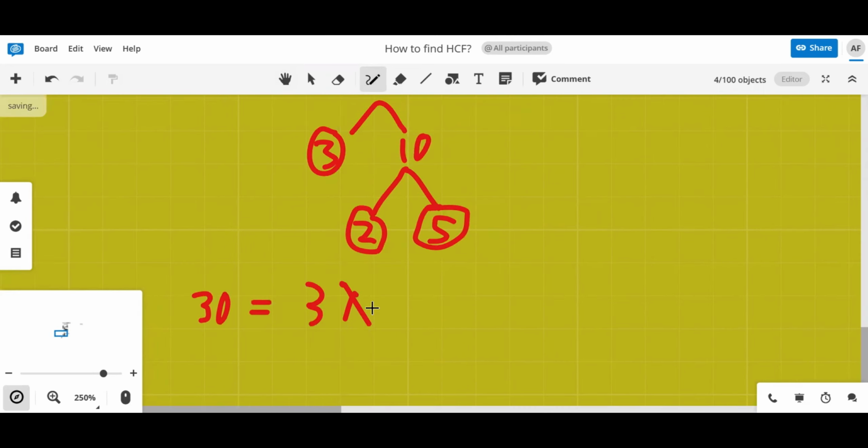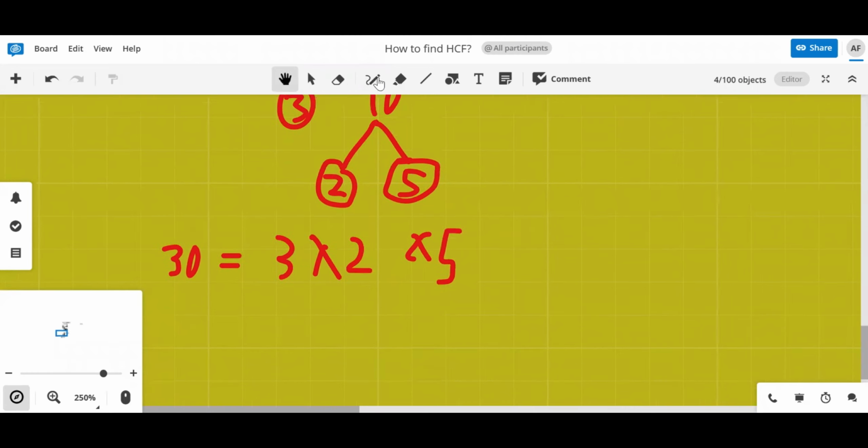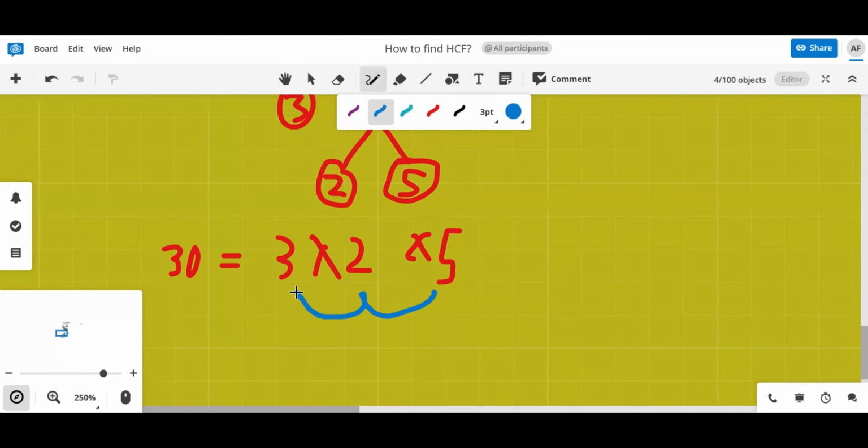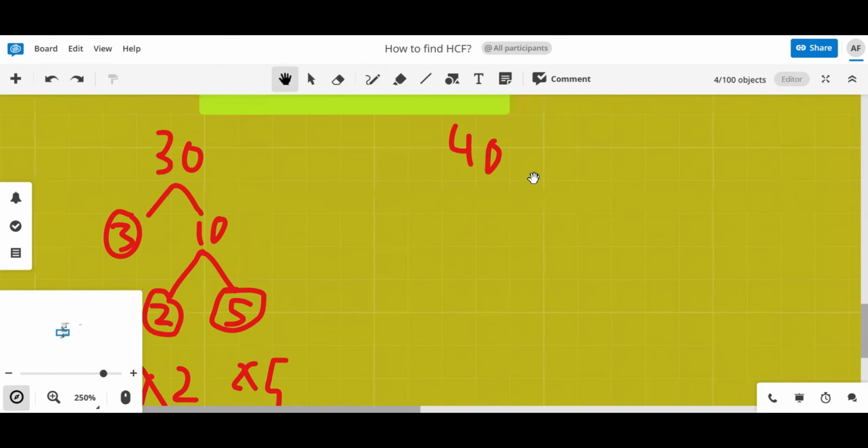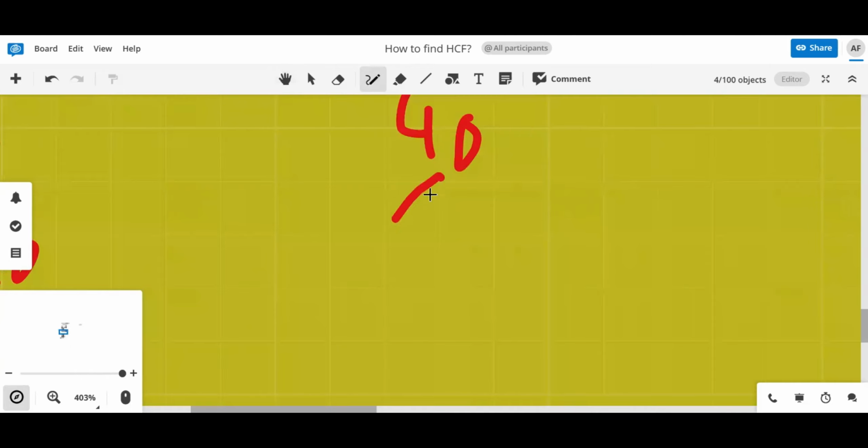3 times 2 times 5. One more thing you can do to check whether you are correct is to multiply these numbers. If you get 30, it means you found the numbers correctly. 5 times 2 is 10, 10 times 3 is 30. Next number is 40, so it will be easy. 4 times 10.